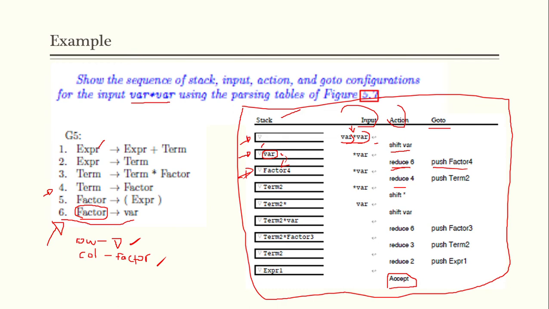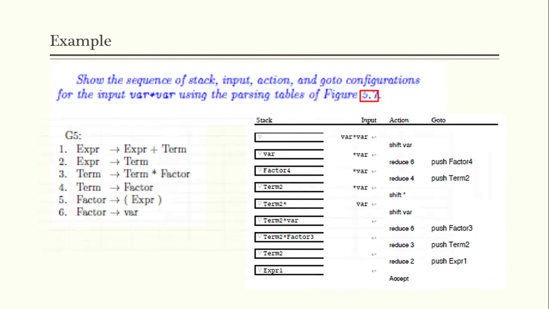Again, we repeat the process of reading the action table. For the action table, you need to read what is on the top of the stack, which is factor 4. This is your row, and the input symbol is again a star, which is your column.